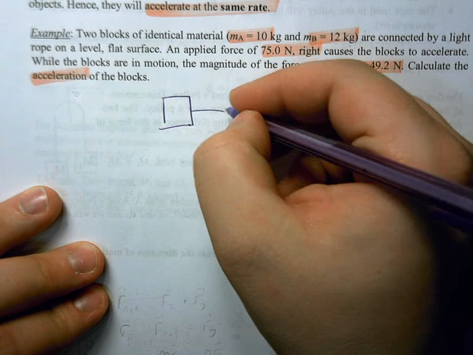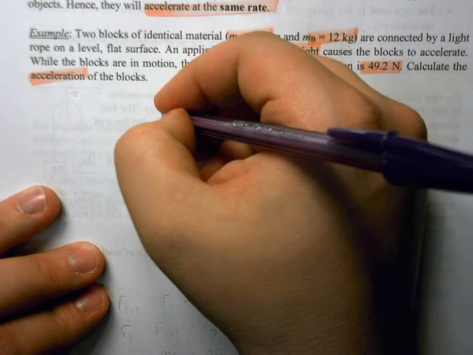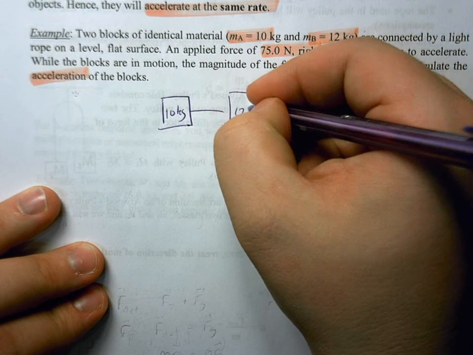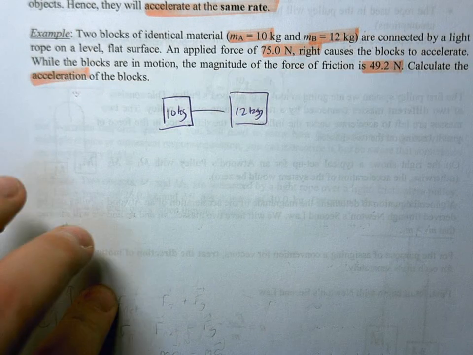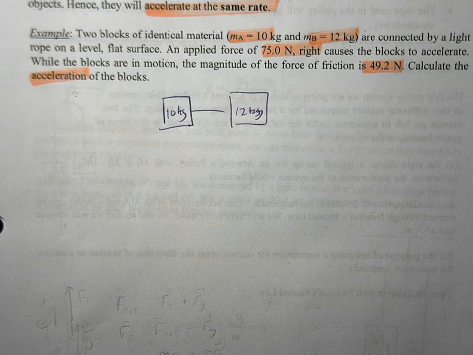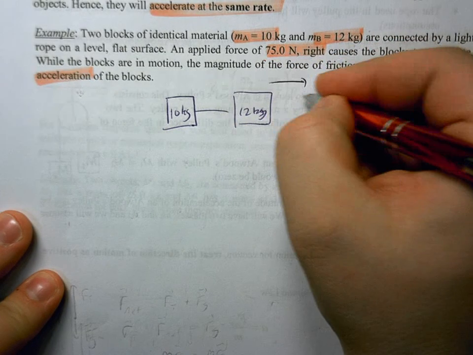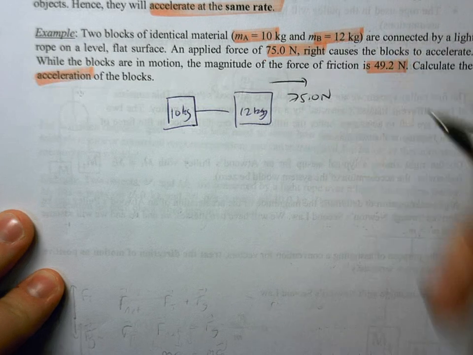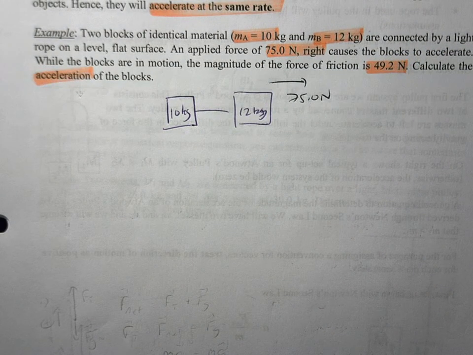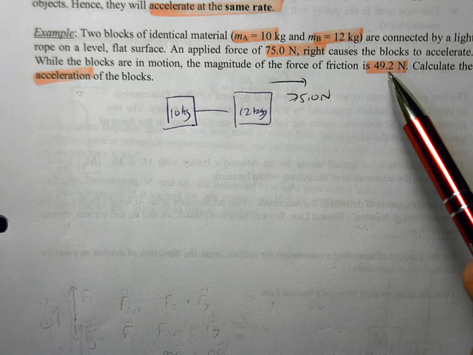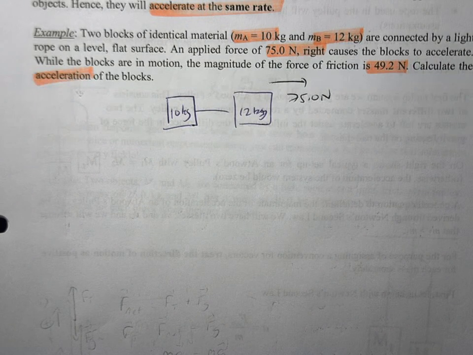So we have a 10 kilogram block, we have a 12 kilogram block, and they're connected by a light rope, and we are applying a force of 75 newtons to the right. And we also have a force of friction. But it's not saying the force of friction on a particular block is 49.2 newtons.